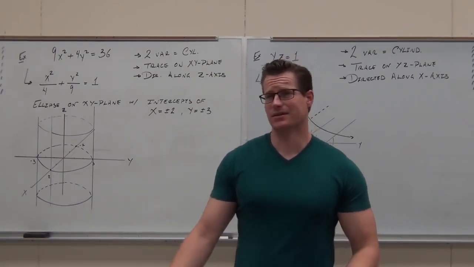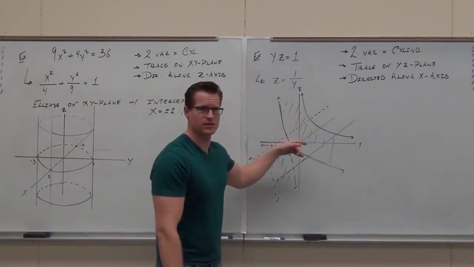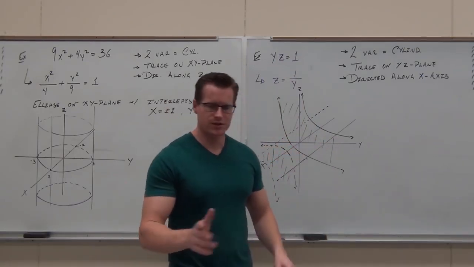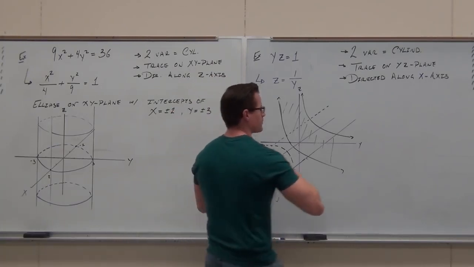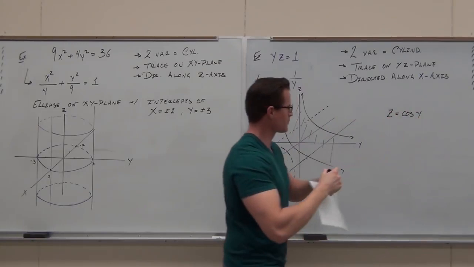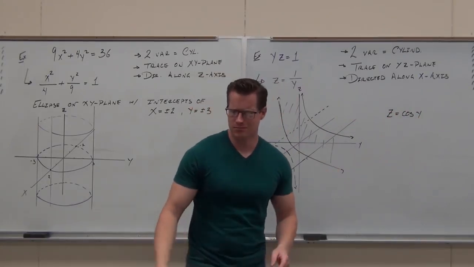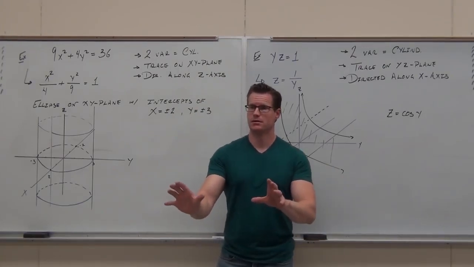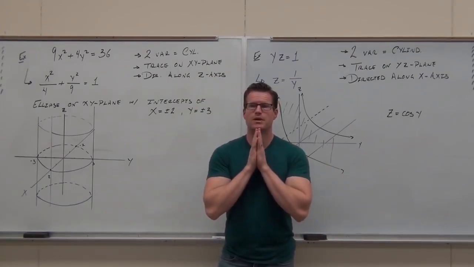Is it making sense, though? This one, especially, because it looks kind of weird. That's a cylinder in 3D. That's what it is. We're not going to do this one, I just want to ask you about it. That one, kind of weird. What shape is that in 3D? Let me give you a little hint.